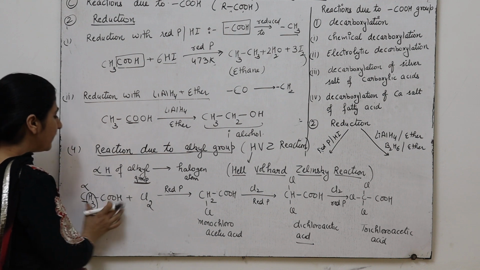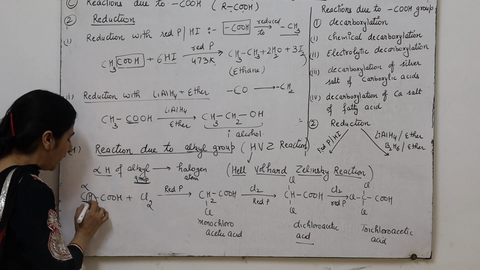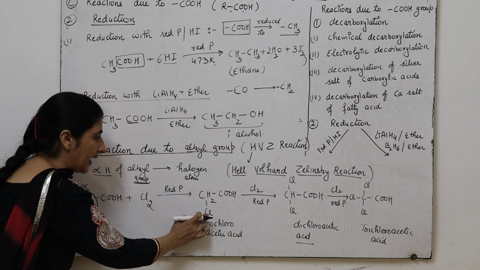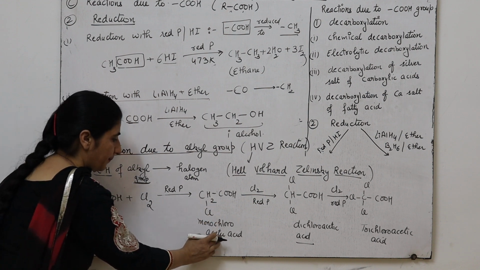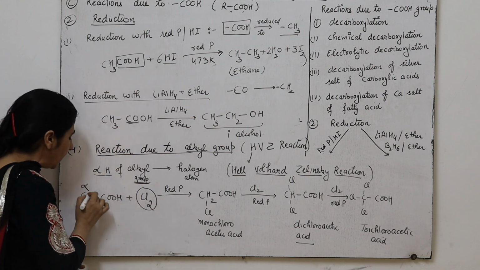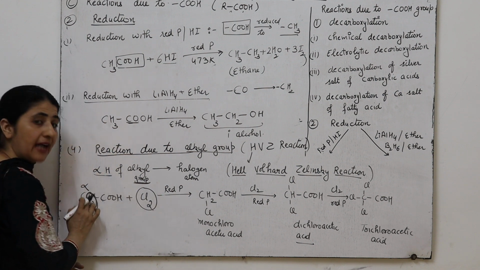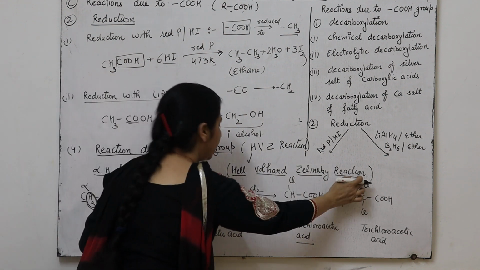When it reacts with chlorine, one of the alpha hydrogens is replaced by a chlorine atom. So we get monochloroacetic acid. If the chlorine is present in excess, then all the alpha hydrogen atoms of the alkyl group are replaced by chlorine.